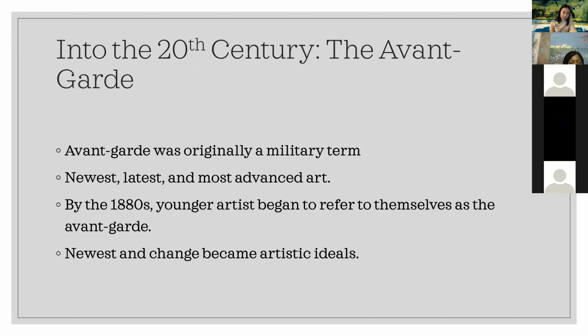By the 1880s, younger artists began to refer to themselves as the avant-garde. They were the boldest artists, going first into uncharted territory and waiting for others to catch up. Newest and change became artistic ideals. So each generation, even each group, believed it was their duty to go further than the one before.